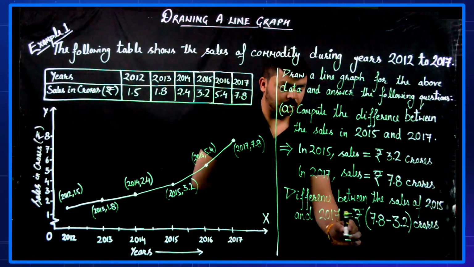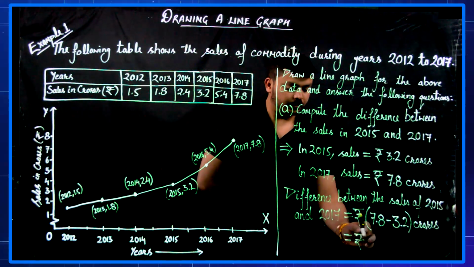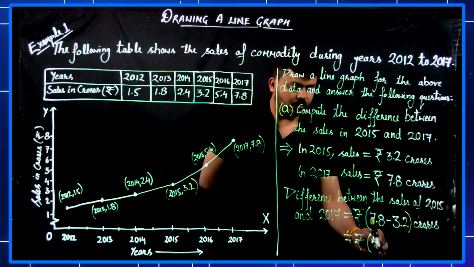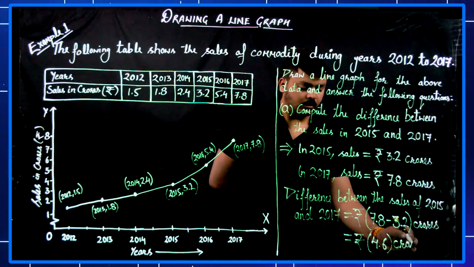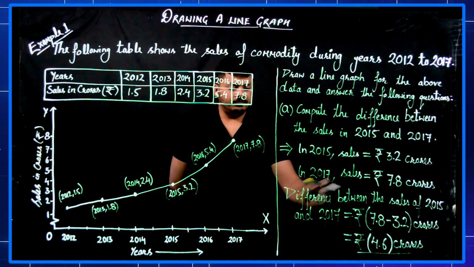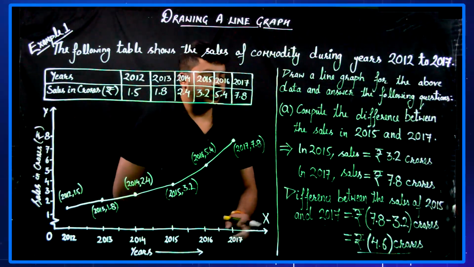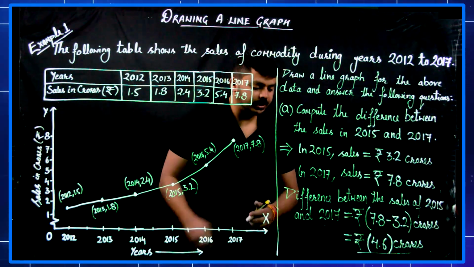So it is equal to rupee 4.6 crores. So the difference between the sales of 2015 and 2017 is 4.6 crores.